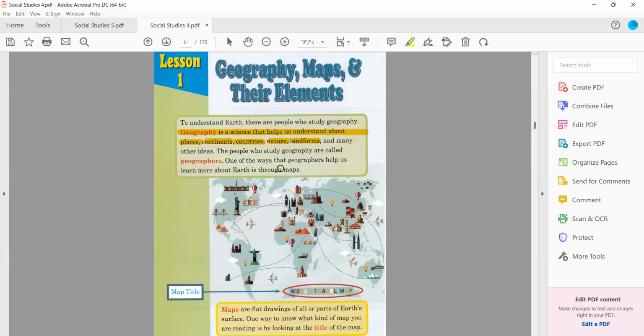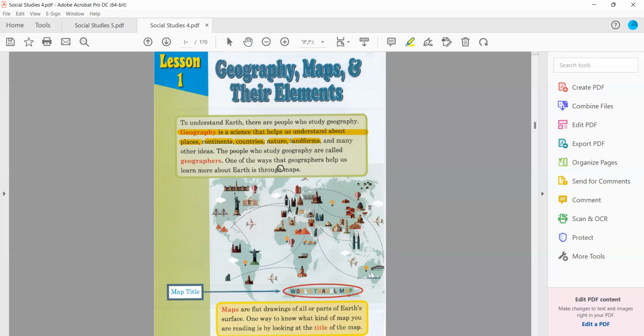So this is the purpose of geography. It helps us understand about the places, the countries, the continents, and different aspects of our planet, the planet Earth.